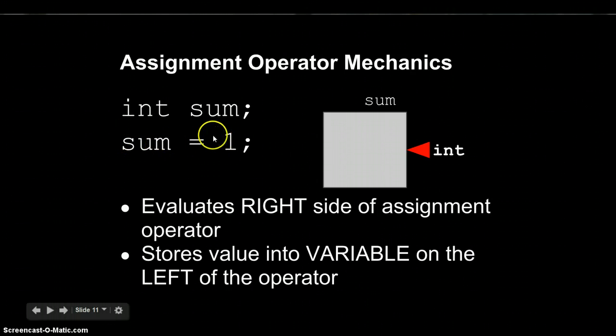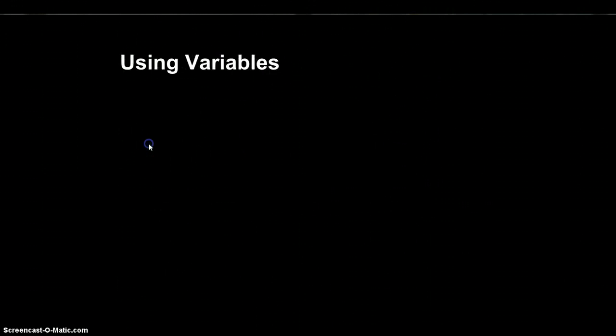We'll store that value into a variable on the left of the operator. So in this case, this line is running, and now 1 is going to be stored into the sum variable. So now what we've done is we've stored the state, or the information of 1, into this place, and now we can access it later.